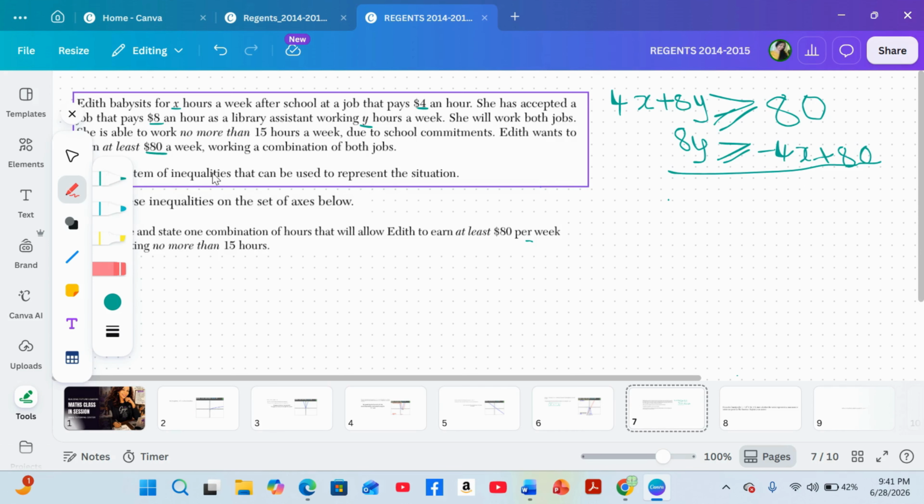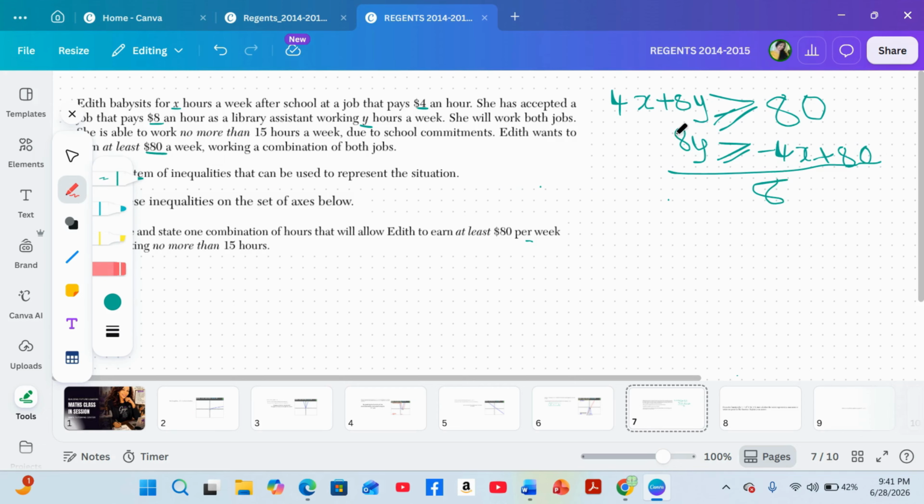Dividing this by 8 gives y greater than or equal to negative half x plus 10.